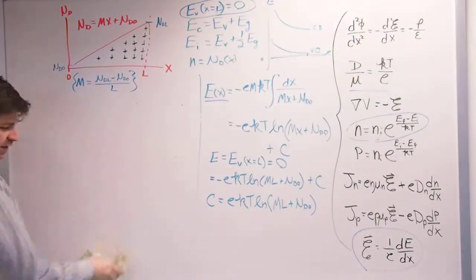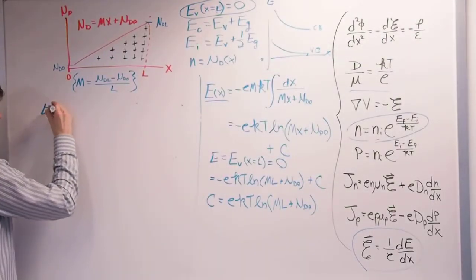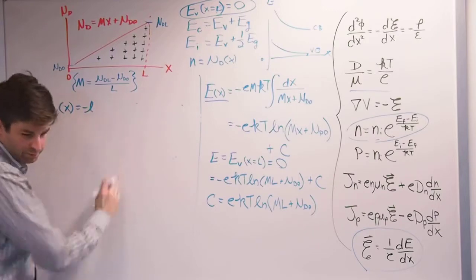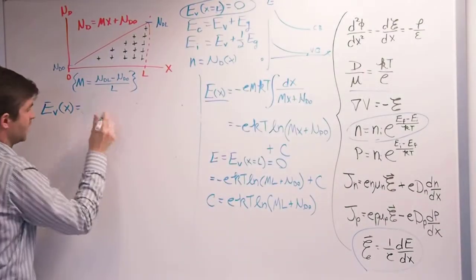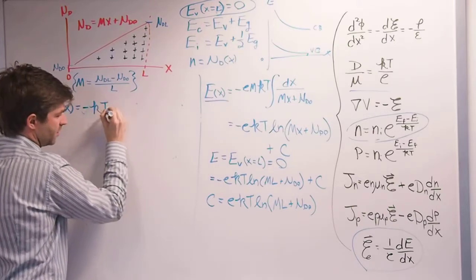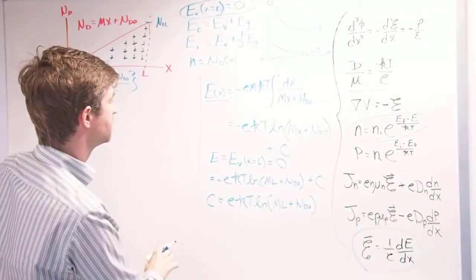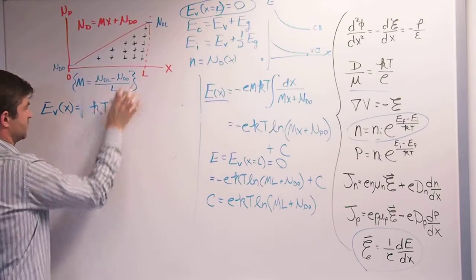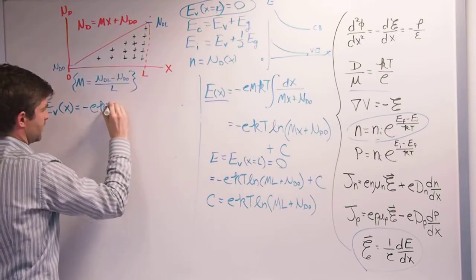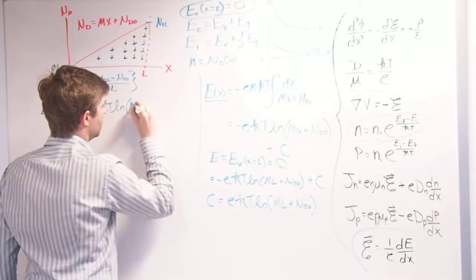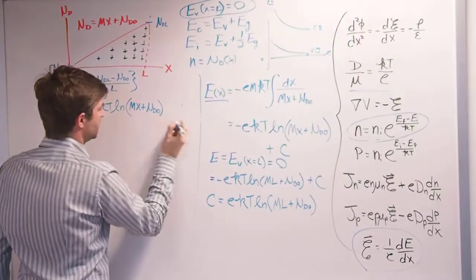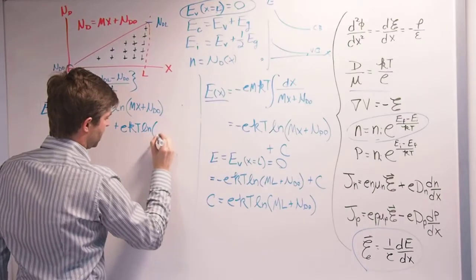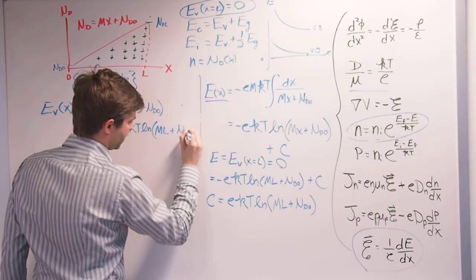So what is our new EV? Well, our valence band energy as a function of x is equal to negative kT, negative kT natural log of (m x plus N_D0) minus kT natural log of (m L plus N_D0).